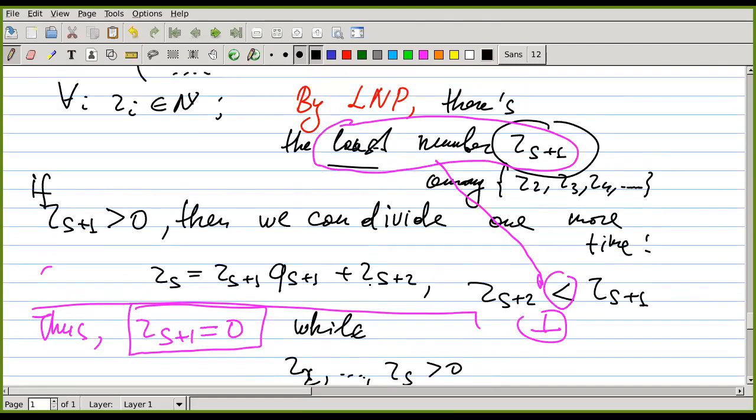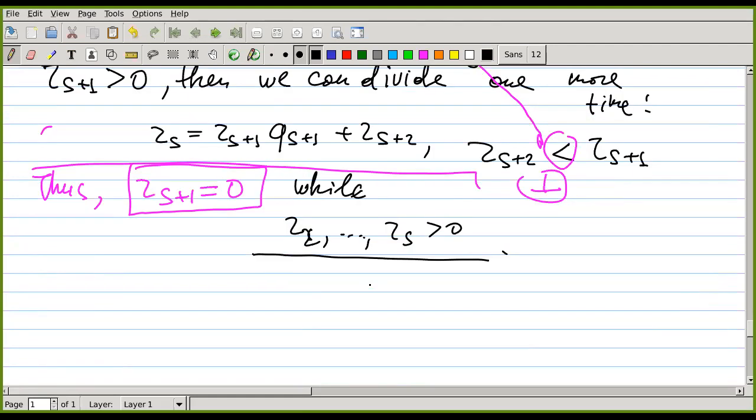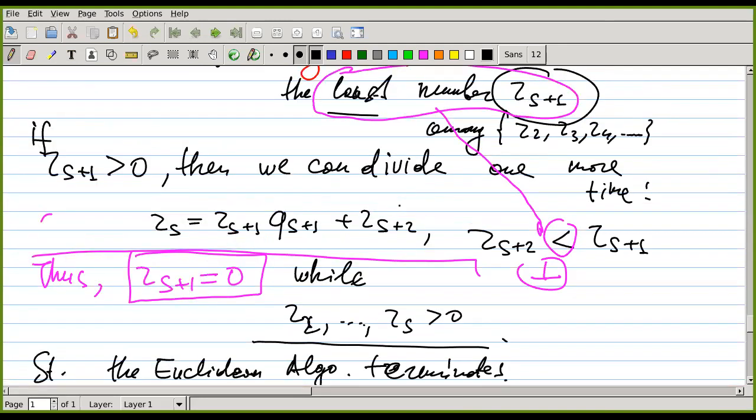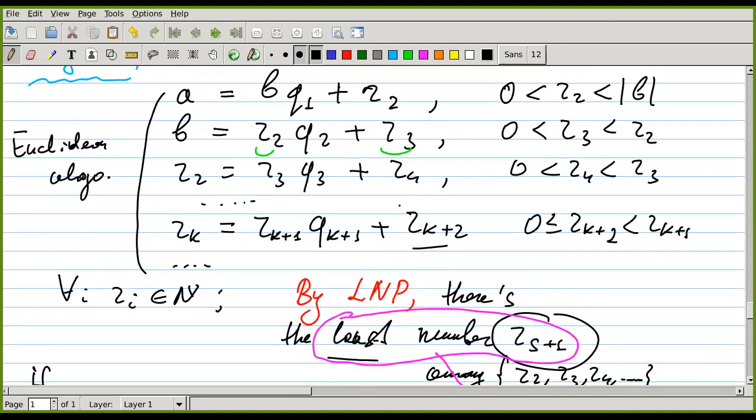So we have proved the following proposition. The Euclidean algorithm terminates. Is it clear? It doesn't hang, it terminates.